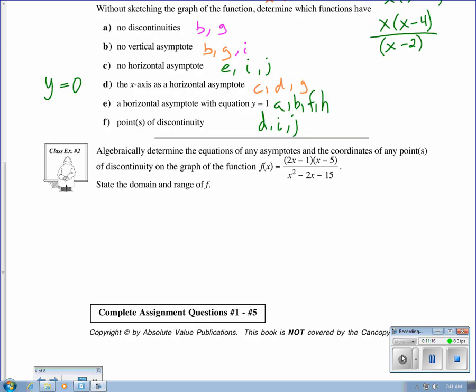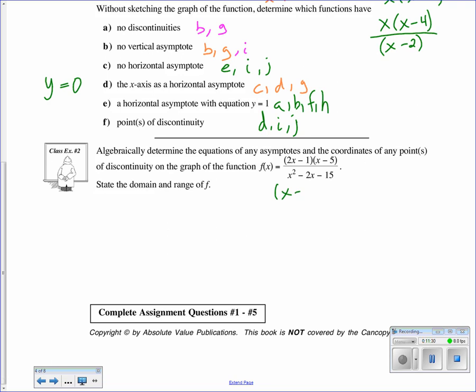So can we put all of our information together and study for asymptotes, domains, and ranges? Here I just have to factor the denominator, numbers that multiply to negative 15 and add to negative 2. That's x minus 5 and x plus 3, which gives me some canceling.